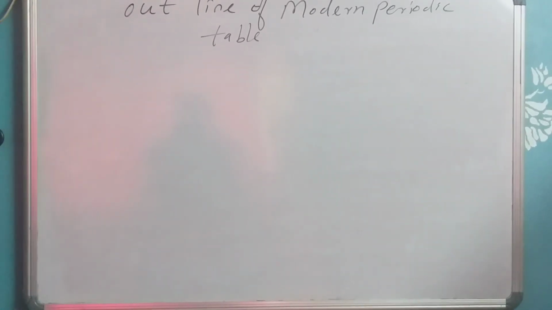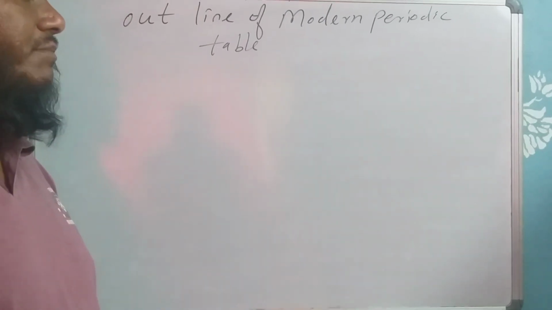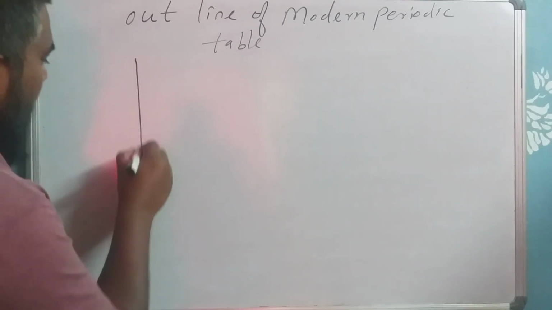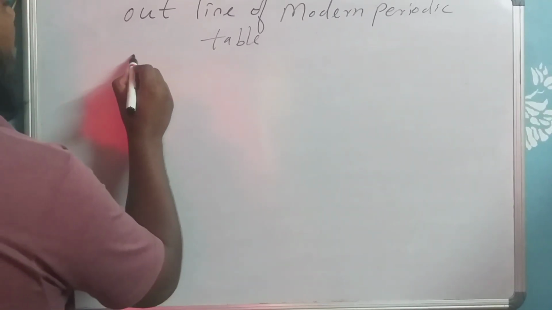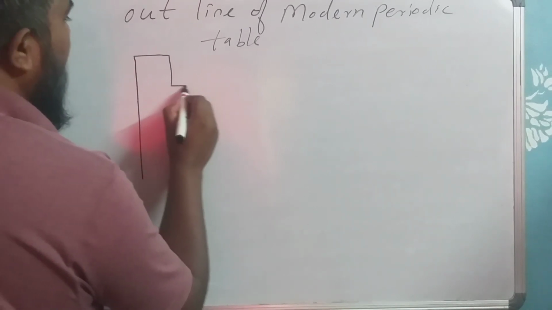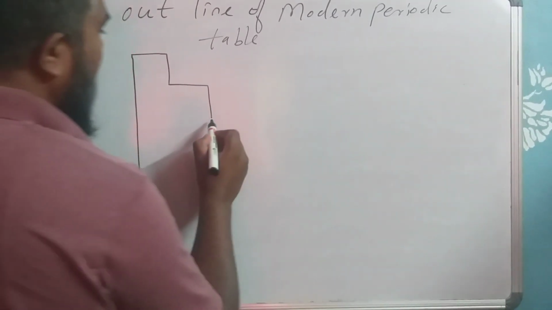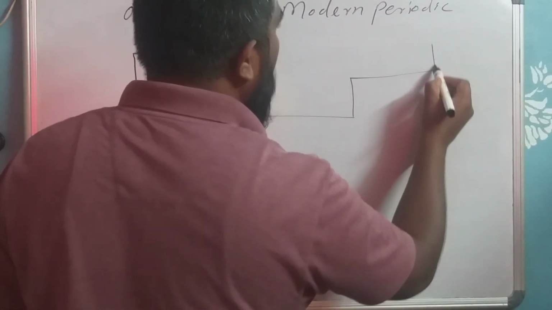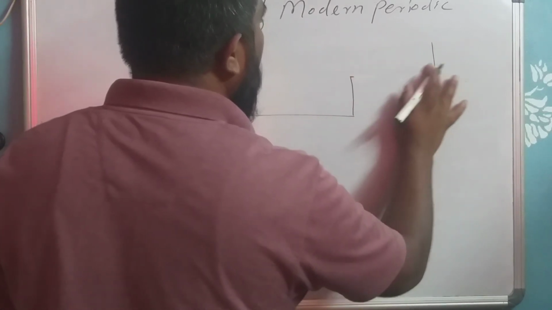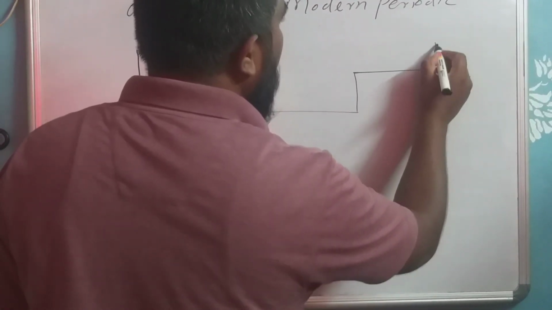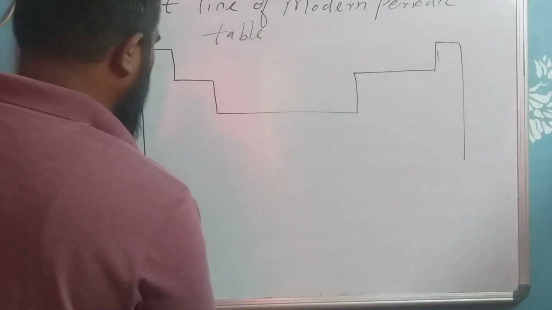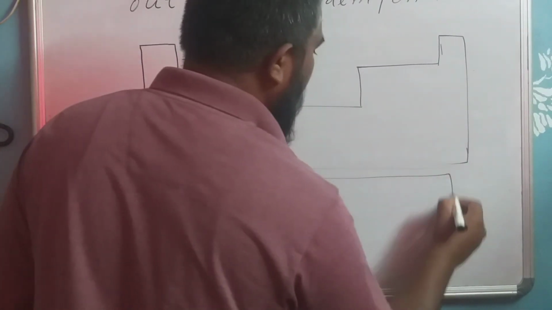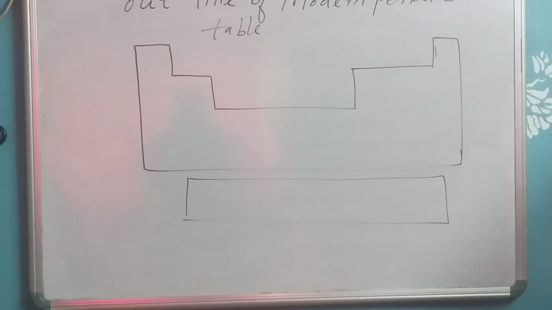The question will come like this: draw the outline of the modern periodic table and show four blocks in it. Dear students, please understand how to draw the outline of the modern periodic table. There are two steps on the left hand side. Like this we have to draw. And this F block is beside the long form of periodic table.